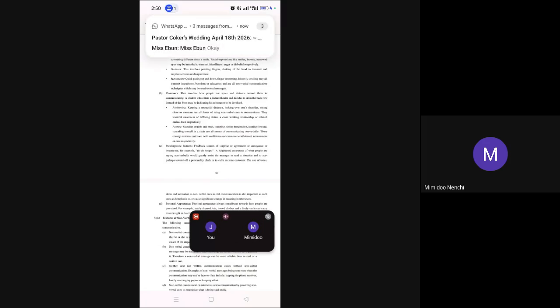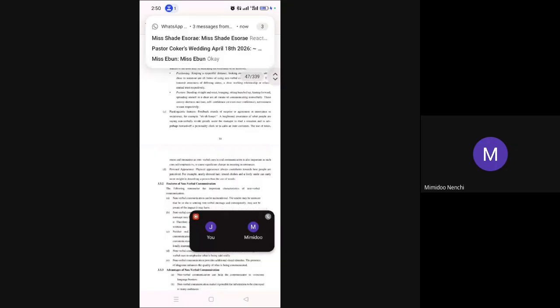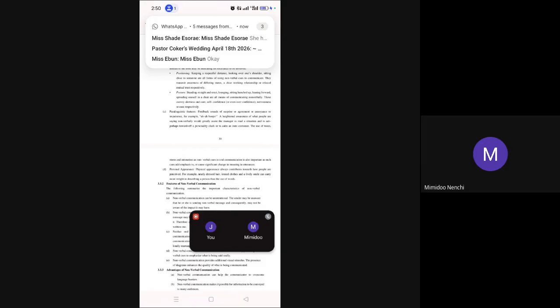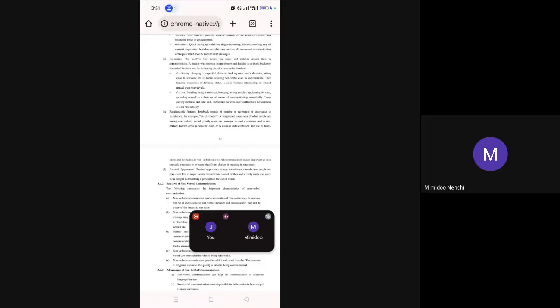Personal appearance is also one of the non-verbal communication. Physical appearance always contributes towards how people are perceived. Now let's take for instance someone neatly dressed, with combed hair, ironed clothes and a lively smile.